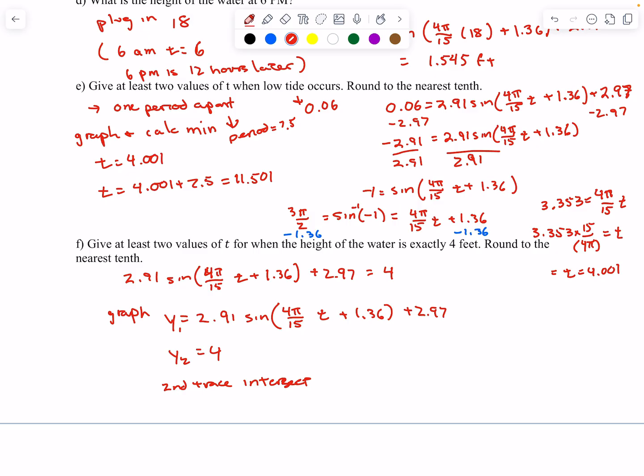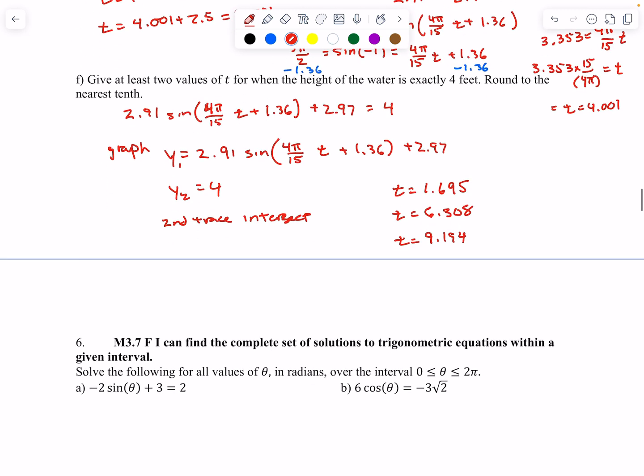And you should get some points. You get t is, among other things... It's very painful if you have it written that way, but oh well.